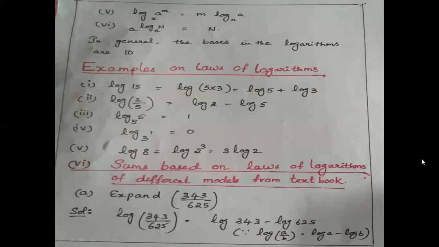The first one is expand 343 by 625. Log of 343 by 625 is equal to, we have to use the law of logarithm, that is log a by b, which is equal to log a minus log b. So that is equal to log 343 minus log 625.